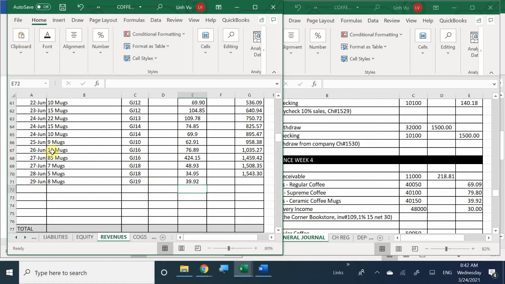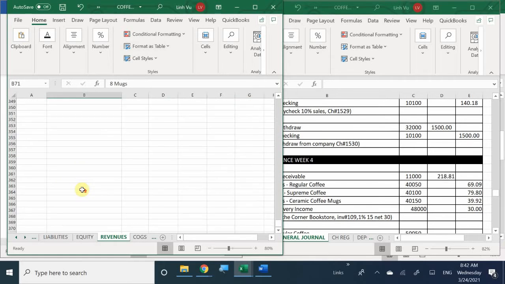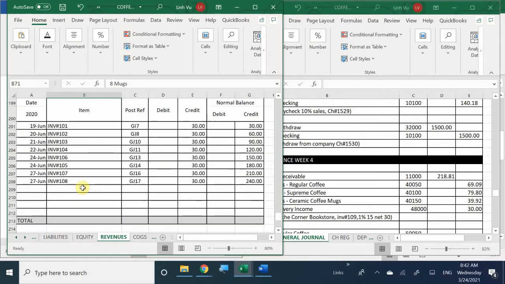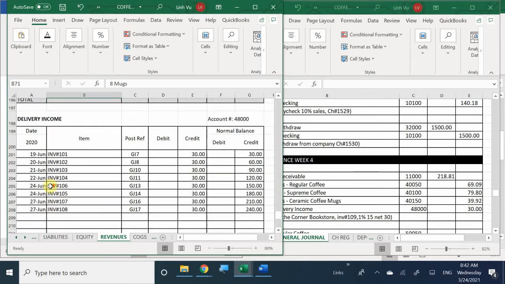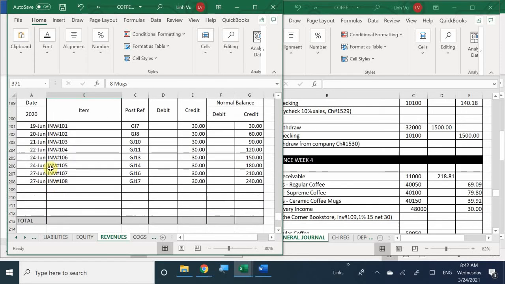So what is going to be my ending balance here? 1583. Good. Last but not least, we have delivery income, which is pretty, oh, sorry, I missed it. Here we are, delivery income.